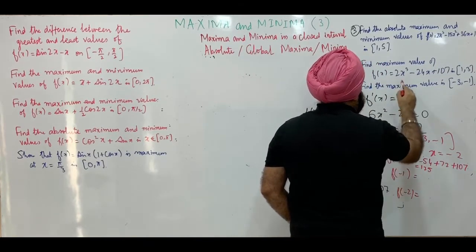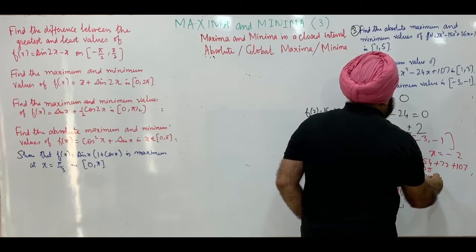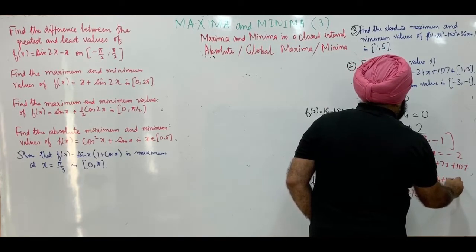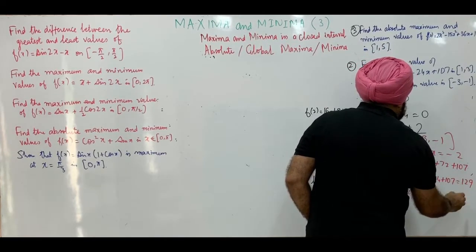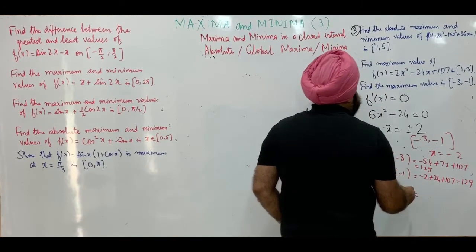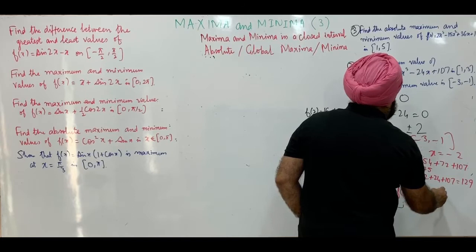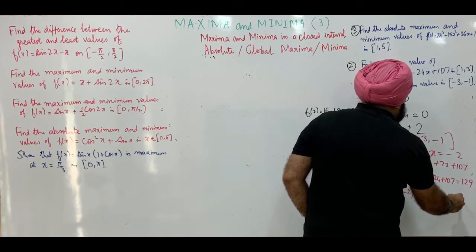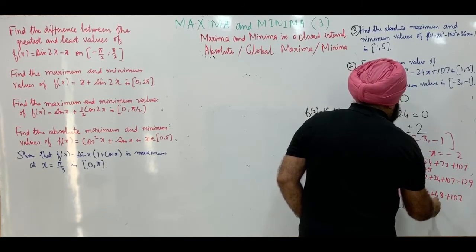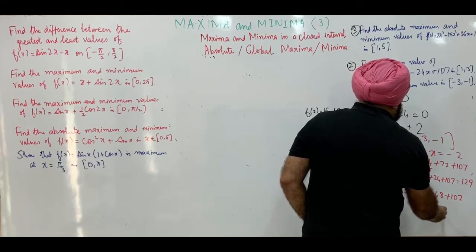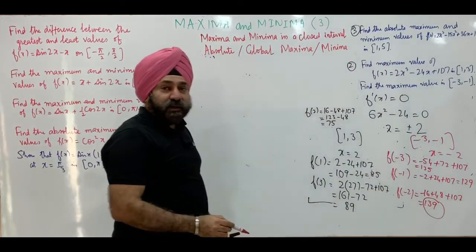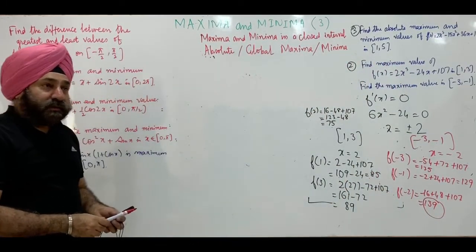Next, f of -1, this will be -2 plus 24 plus 107, this is 129, and f of -2 will be -16 plus 48 plus 107, that's 139. So here the absolute maximum value is at x is equal to -2 and the value is 139.